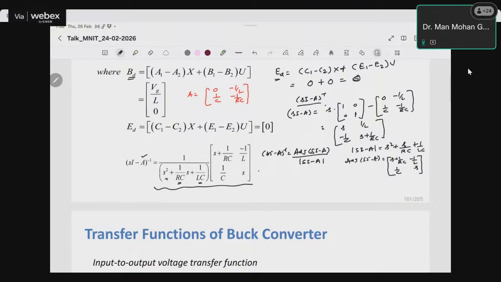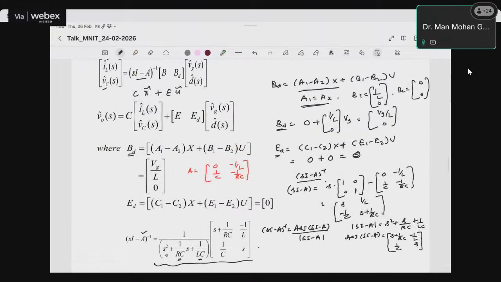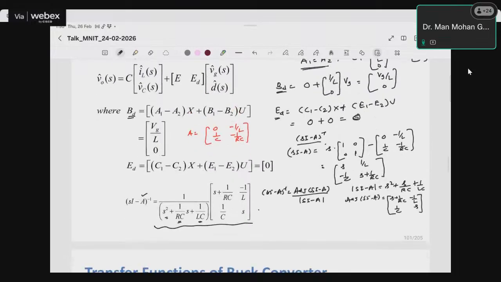It looks very easy to find SI minus A inverse for two reasons. One is the system is second order. The second reason is that if you see system matrix A, this one, it has some components that are 0.